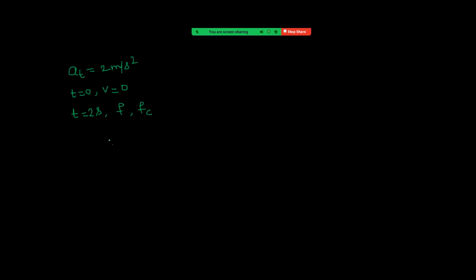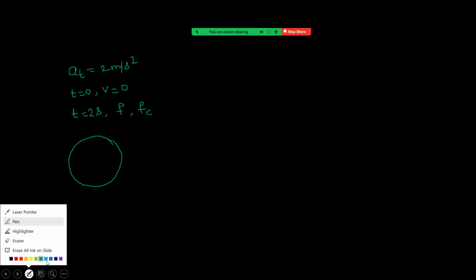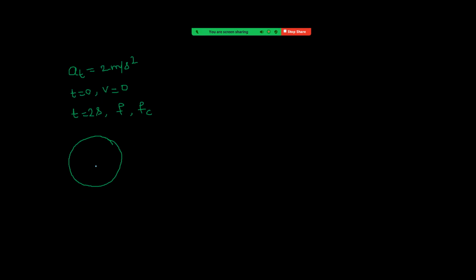Given horizontal circular motion, right? So here mg and the normal reaction are both along the vertical. So the only force acting in the horizontal plane is the frictional force. And remember, the tangential acceleration is non-zero.